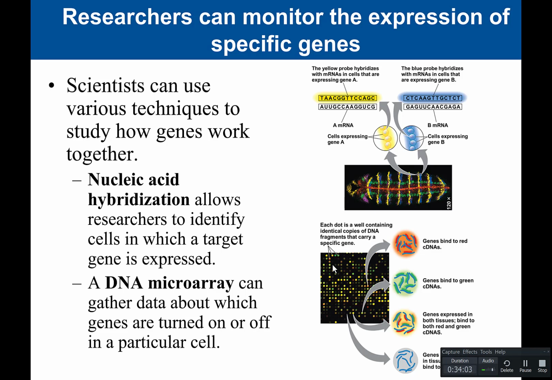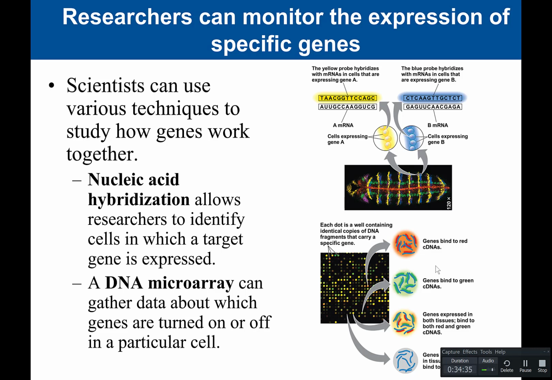And so those little wells have those DNA sequences. And again, we use probes that will bind to particular DNA sequences, and we will see which genes are turned on or off. And so these different probes, if we see them light up in different patterns, that is going to tell us which genes are turned on and which ones are turned off, and that tells us something about gene expression.